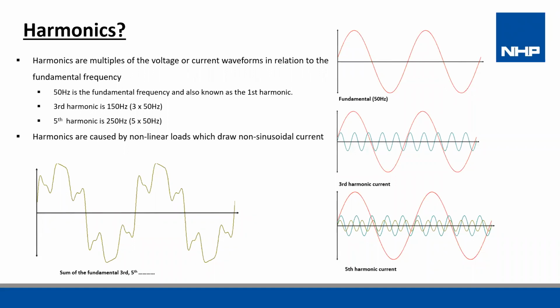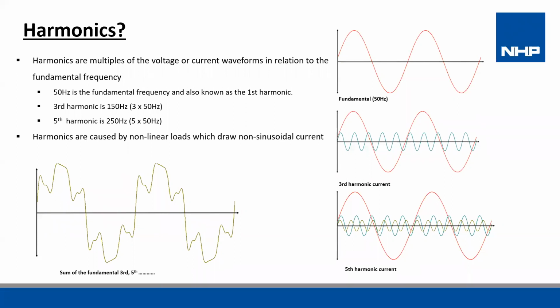Harmonics, as stated earlier, are multiples of the voltage or current waveforms in relation to the fundamental frequency of 50 Hertz. Harmonics are caused by nonlinear loads, which draw non-sinusoidal current, loads like VSDs, LED lighting, and switch mode power supplies.